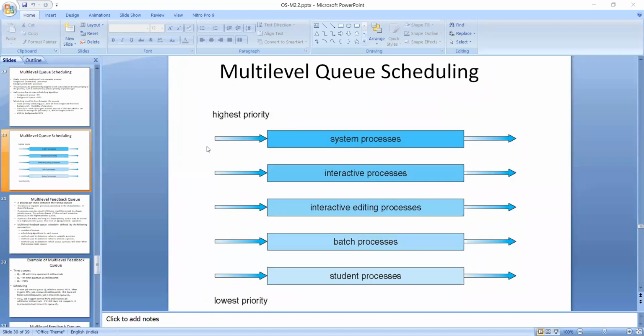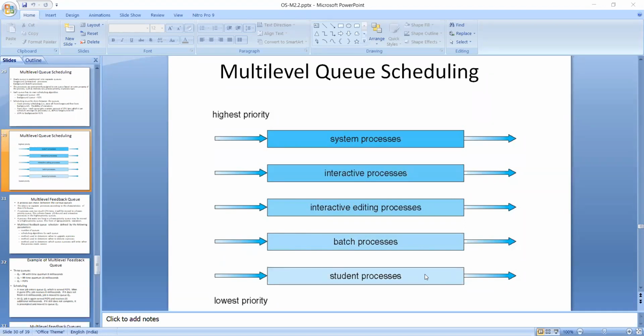If you go from bottom to top, the priority gets higher. System processes have the highest priority, then interactive processes, then interactive editing processes, then batch processes, and then student processes will be allocated the CPU.